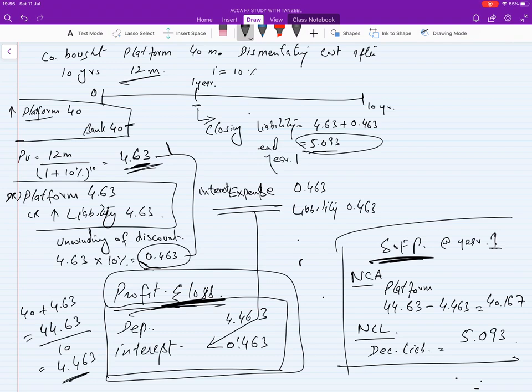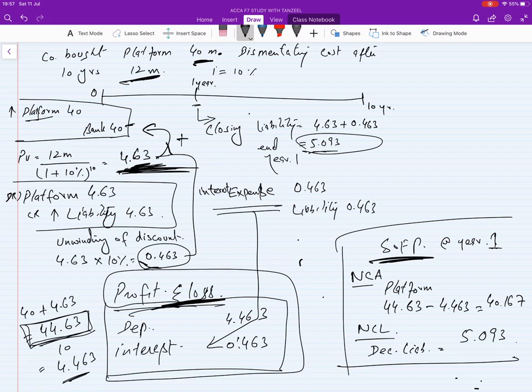So it is best if you practice more on this. I'll give you the overview. 40 million was before and 12 million you're going to spend after 10 years. Because we are spending this after 10 years, we calculate the present value. Here we have calculated the present value and we add this to this. When we add this, it is this amount.